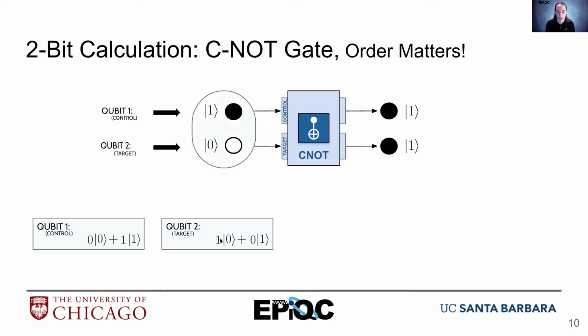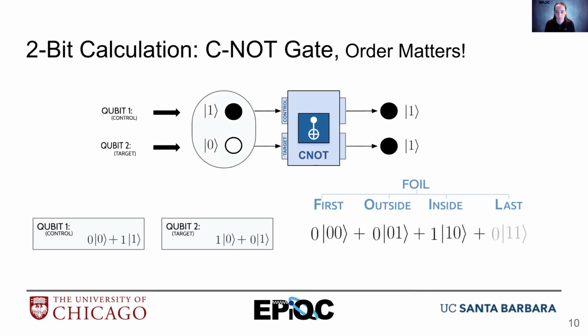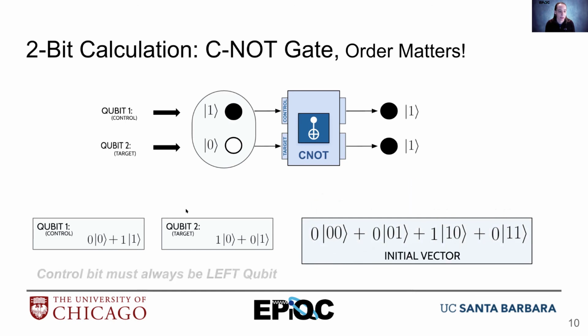So we put this into 2 qubit representation. And we can see here that the control qubit is the leftmost qubit of each of these pairs. That's what's really, really important, is that the control bit has to end up on the left when you put them into 2 qubit notation.